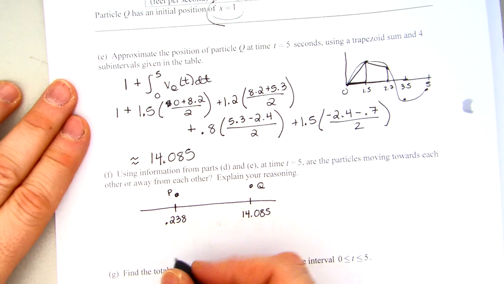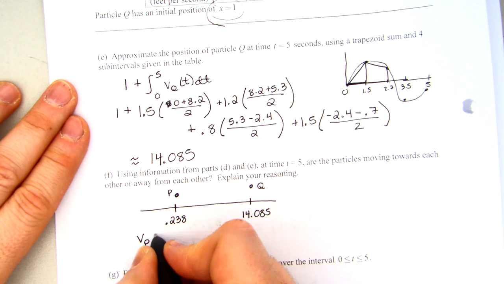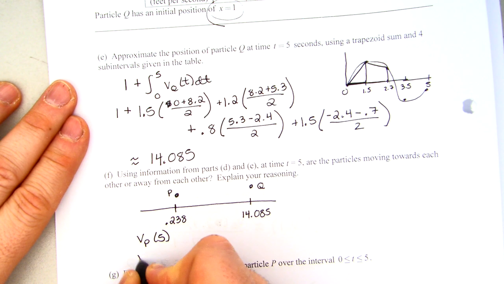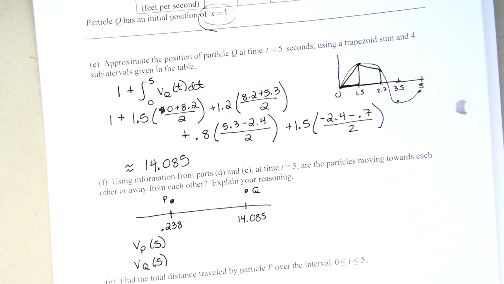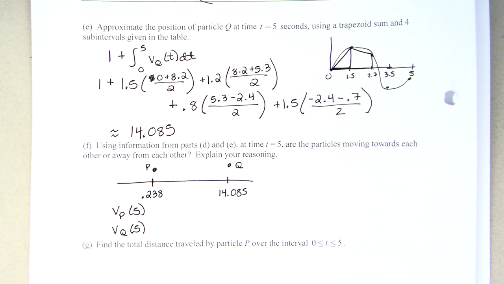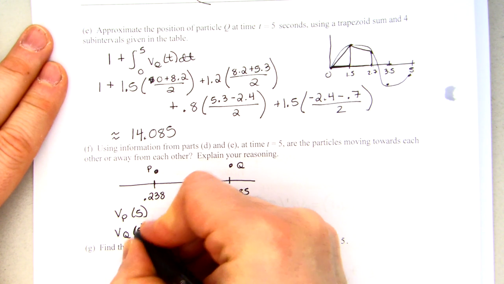You need to go get your velocities. So take a moment. Let's find the velocity of particle P at time 5. And we'll also need the velocity of Q at 2.5. Let's try that again.